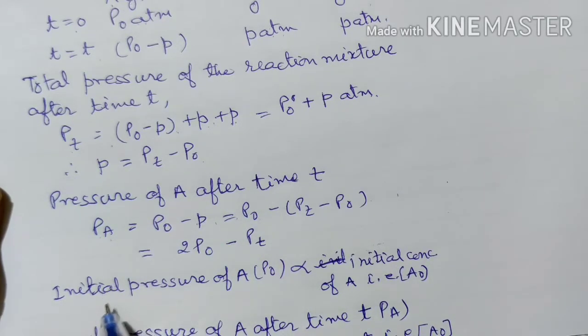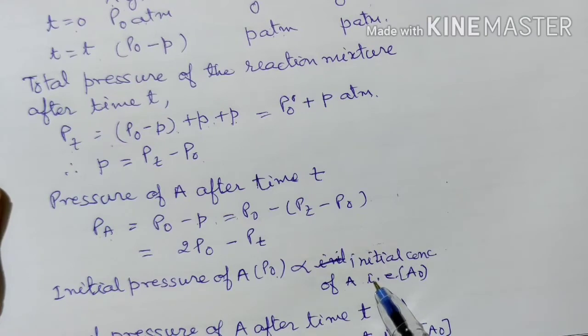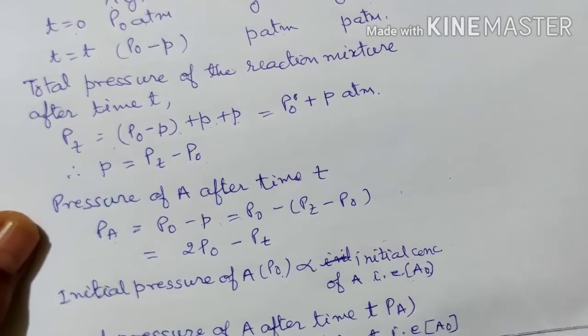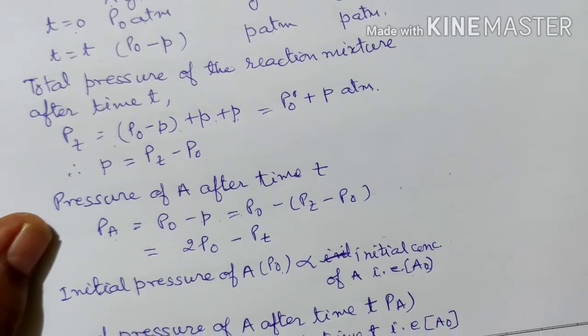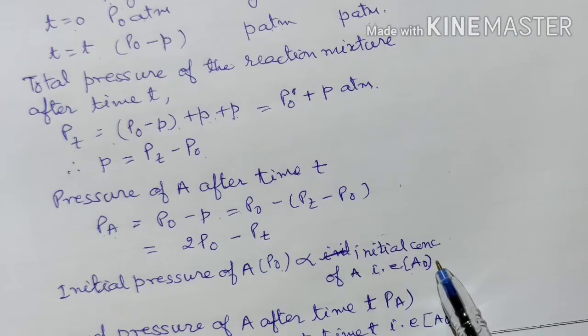Now the initial pressure of A, P0, is directly proportional to the initial concentration of A, that is a0, which you have already studied. At the initial time t equal to 0, the concentration was represented by a0.